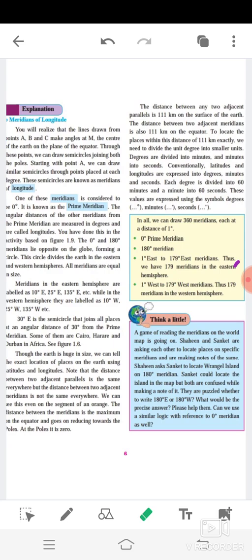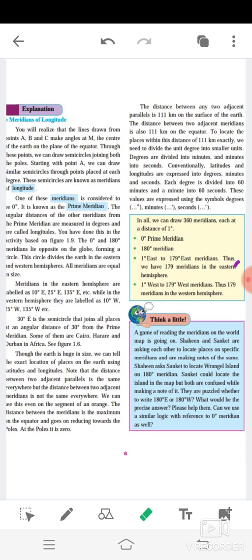Now in geography, degree means a unit of measurement that indicates the distance between lines of latitude and longitude. Whenever you want to search the location of a particular area, you will have to measure with the unit degree.